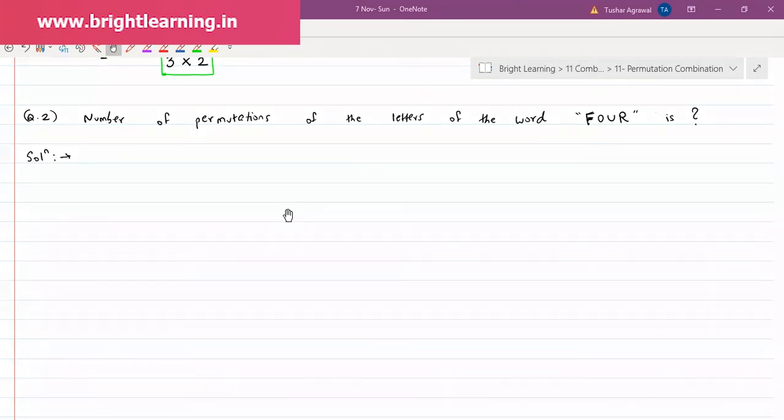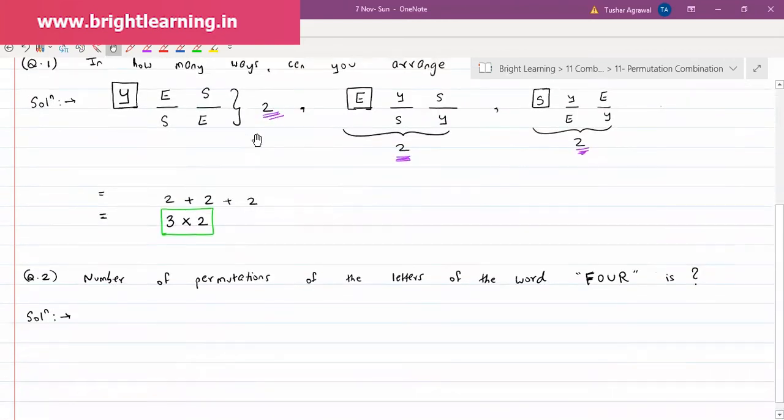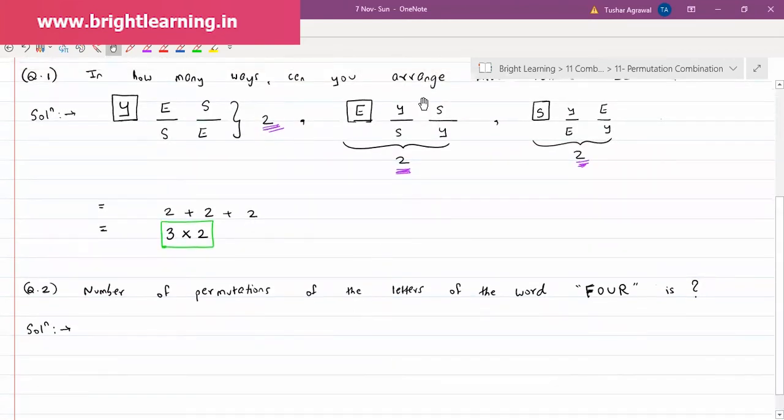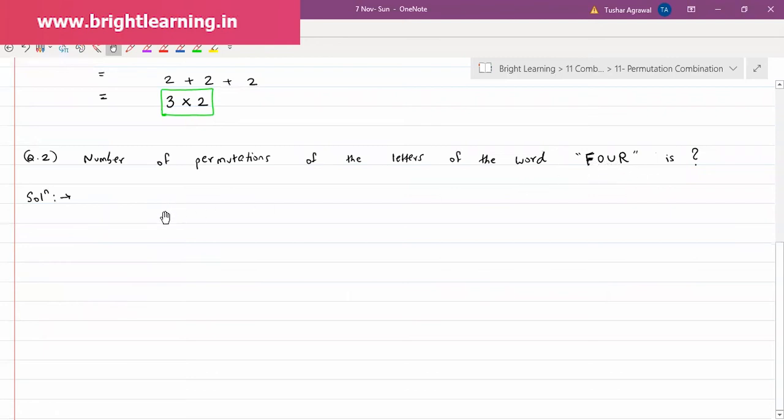Okay, see students, permutations of the letters of the word FOUR. Now I will use the previous question number 1 to answer this question. Now these questions were step by step increasing the difficulty level. So for this question, what I will do is, let's say S4, number of ways.